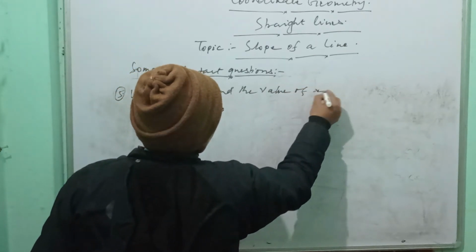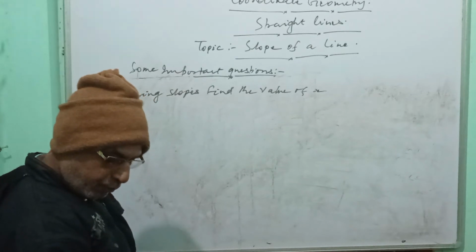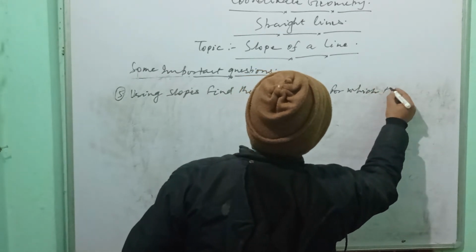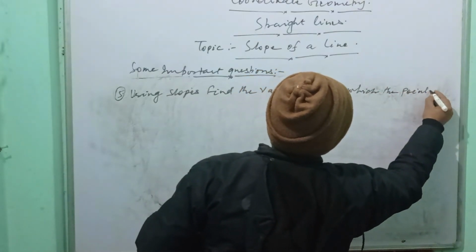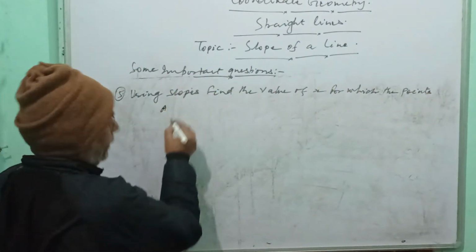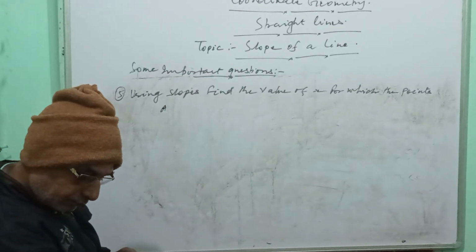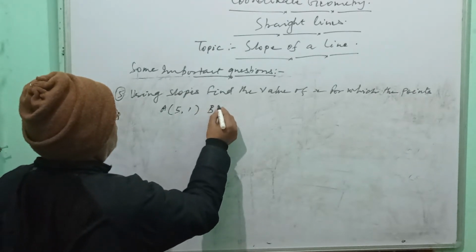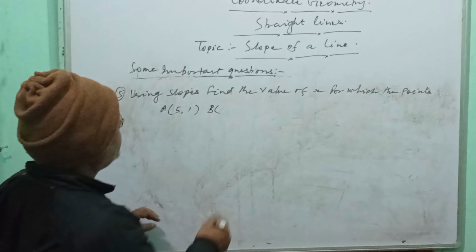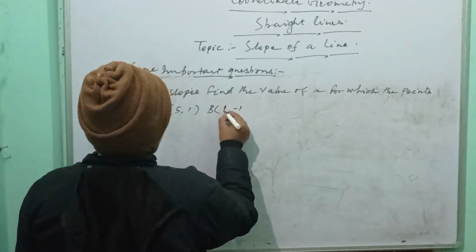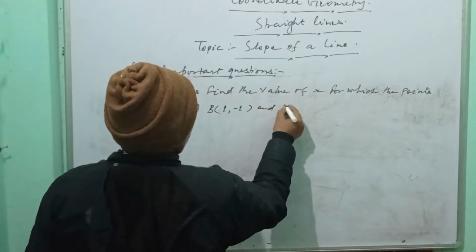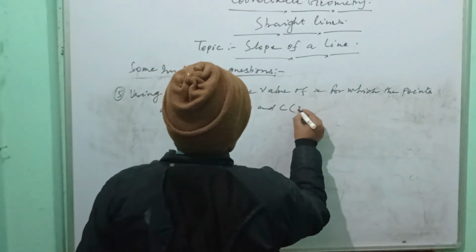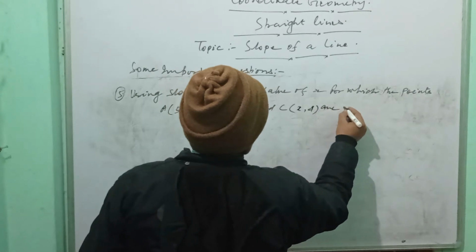Find the value of x for which the points A (5, 1), B (1, minus 1) and C (x, 4) are collinear.